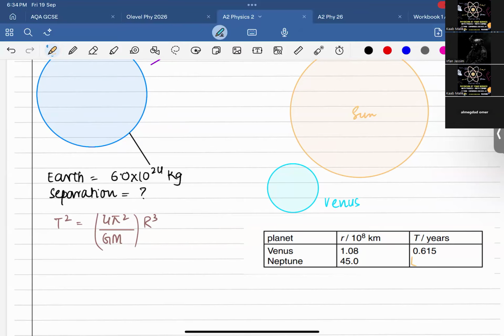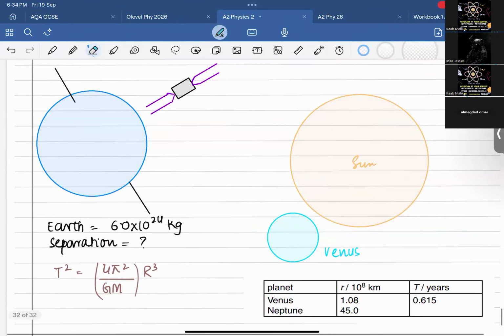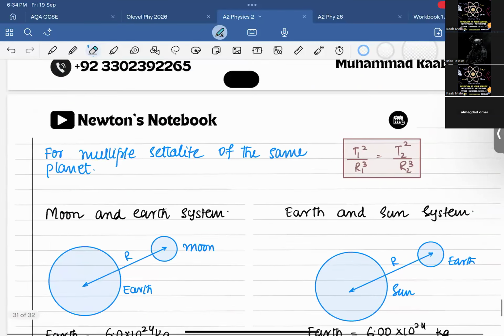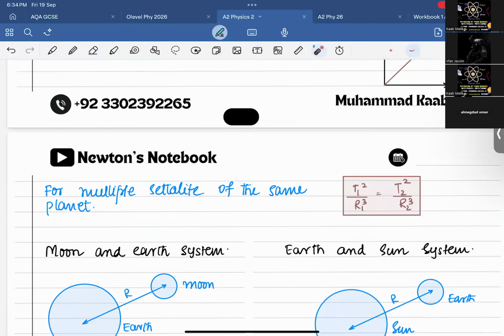The time period of the Neptune. Do we have to add up the distances of Venus and Neptune from the sun? No, obviously not. You have to use this one. When you have multiple satellites around the same planet, we have to use this formula, okay?